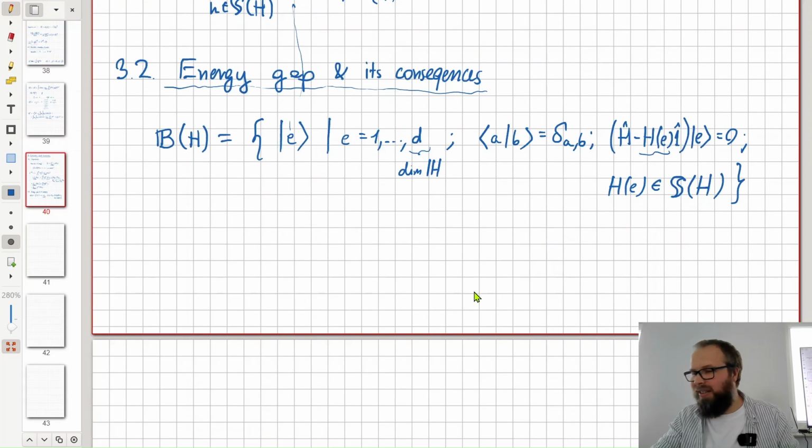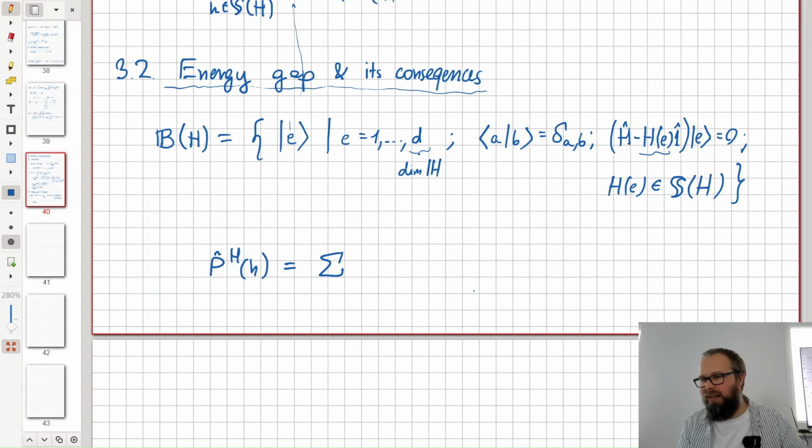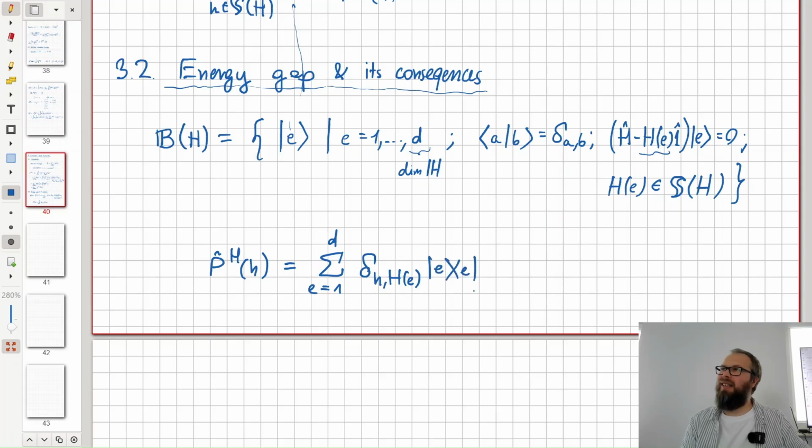Because you have bases, you can switch to projectors, and the relation would be then P_h H. So the stuff we saw above, you would sum over E from 1 to D, and put here delta h, E_E. This delta takes care of the cases when there is degeneracy.